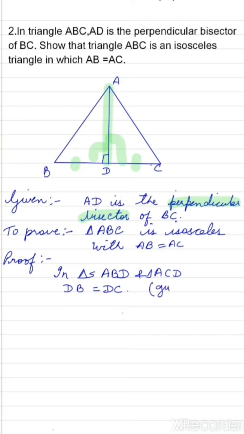So we'll write given. Next we have angle ADB is equal to angle ADC. Both are equal to 90 degrees, which is also given. Then last we have AD equal to AD, common.